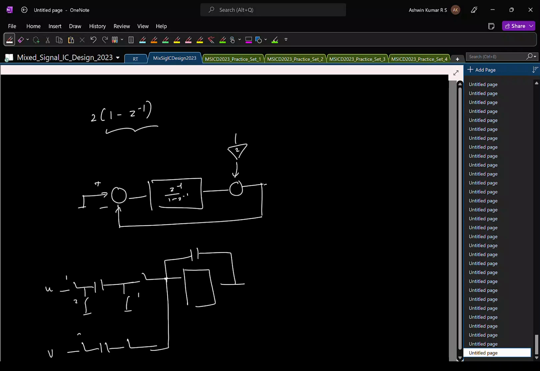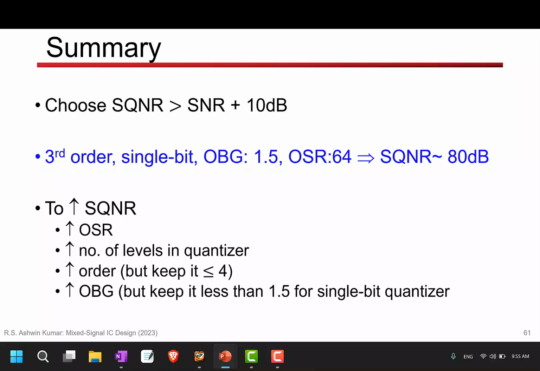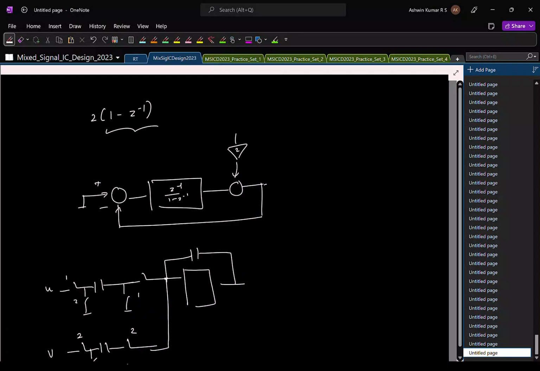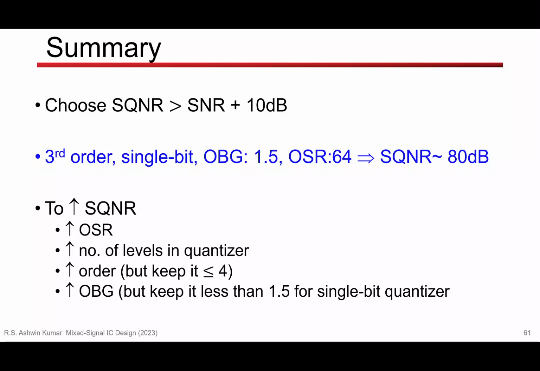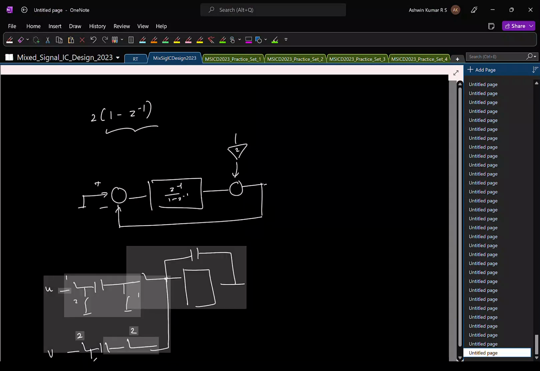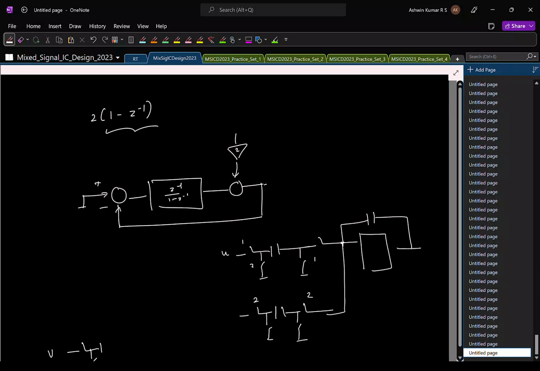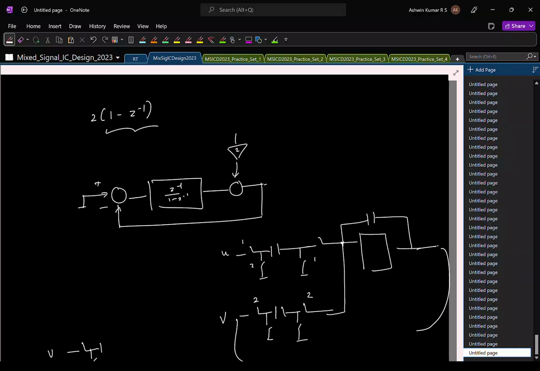This is U and here the V was there. Something like this was there. Something was put here.